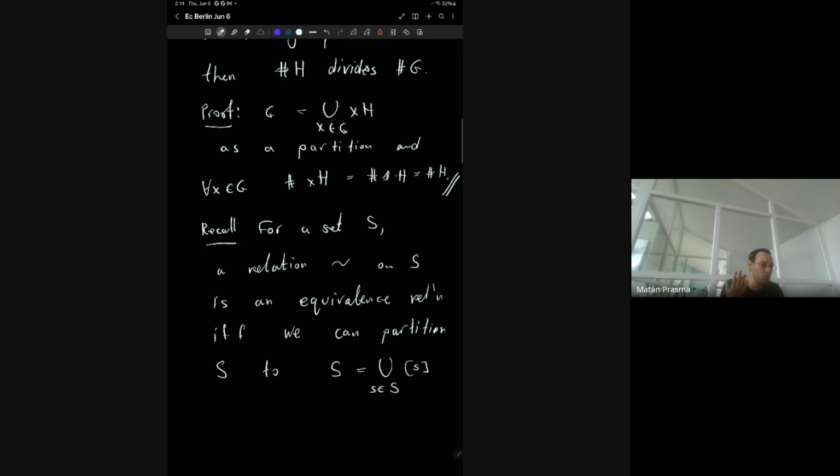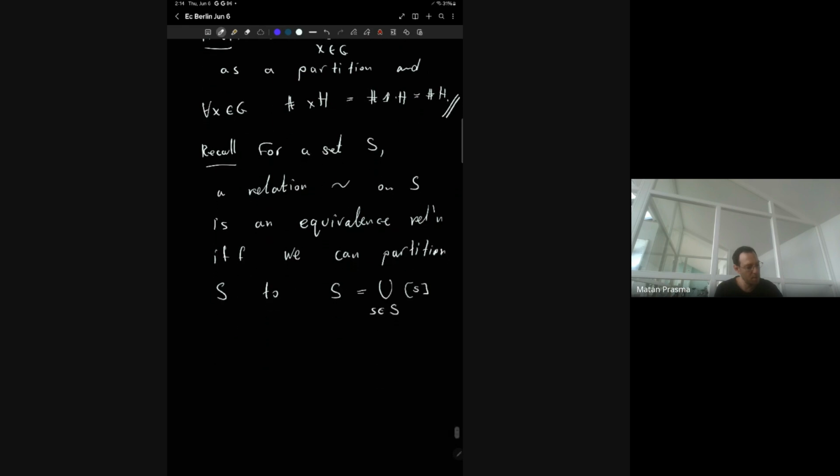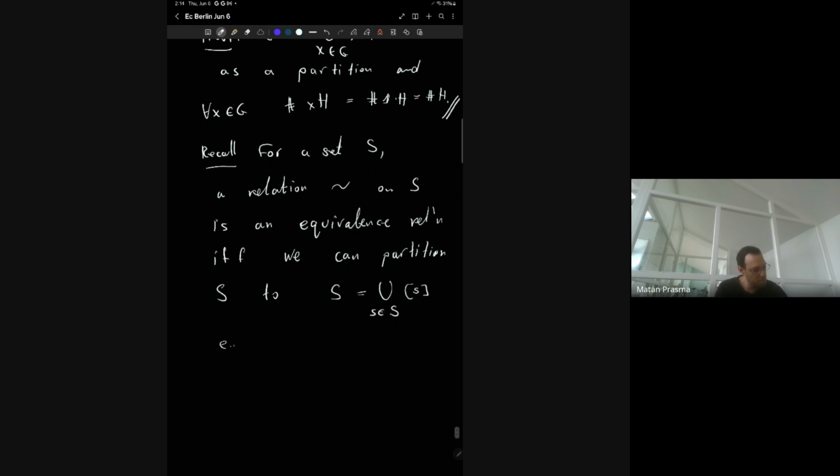Just to give you one example, you take the equivalence relation on S equals Z, and you take the relation tilde to be: a is equivalent to b if and only if a is equal to b modulo n.